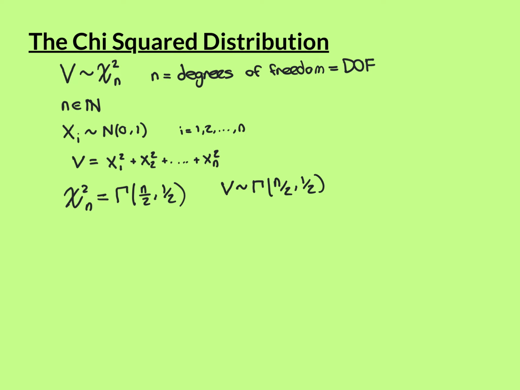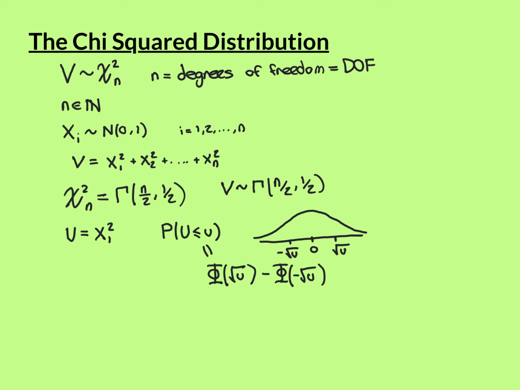We'll find that its PDF is the same as the gamma distribution with alpha parameter n over 2 and beta parameter a half. So this chi-squared random variable v, distributed chi-squared with n degrees of freedom, is actually gamma distributed n over 2, a half. So understanding this is going to be the focus of the remainder of the video.